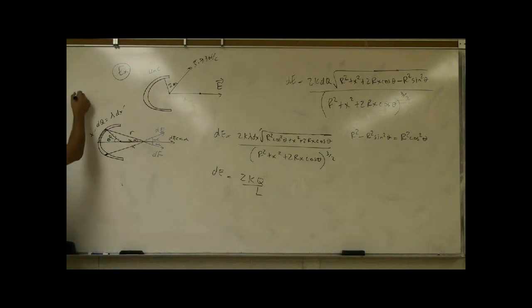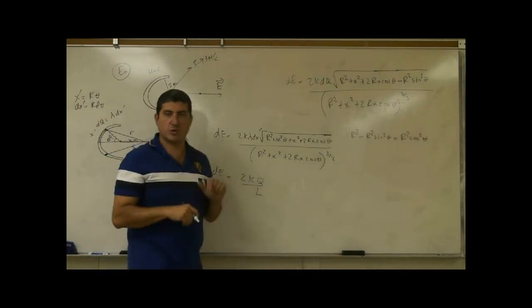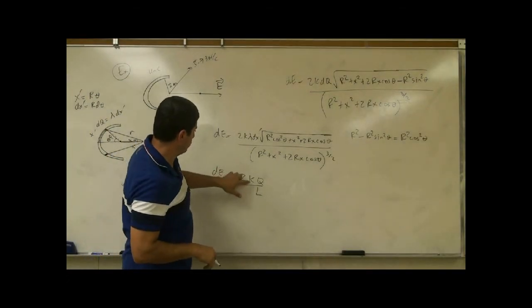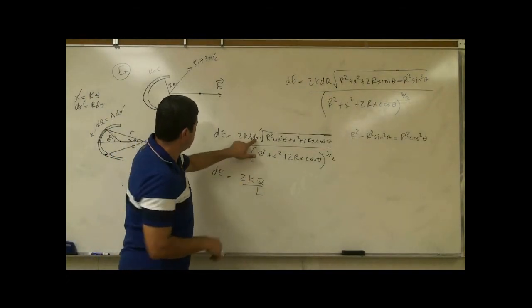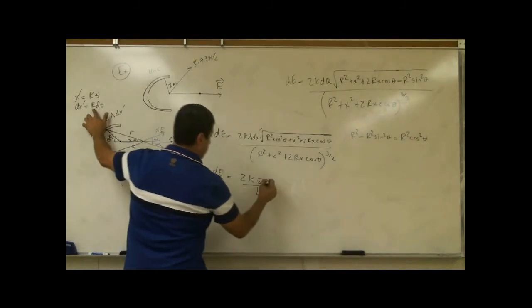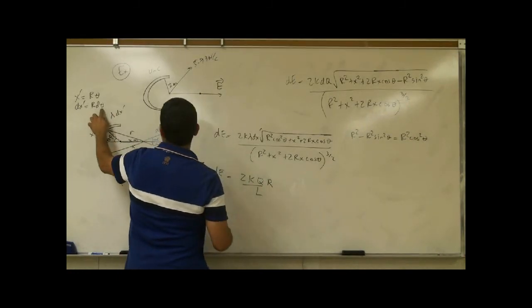If x prime is equal to r theta, dx prime is equal to r d theta. So same as when we did the potential. So you have here 2kq over L, dx prime is equal to r, and then d theta stays in the integral.